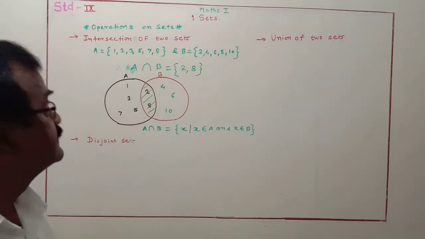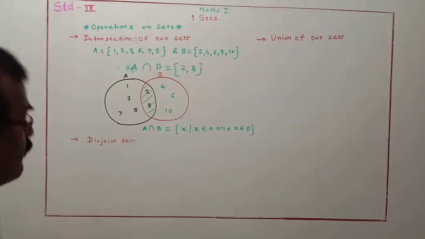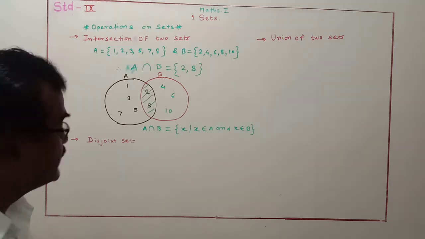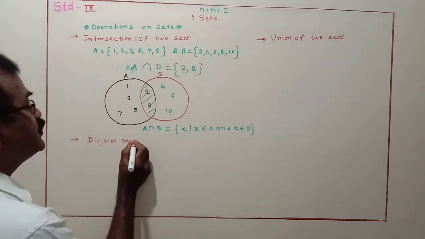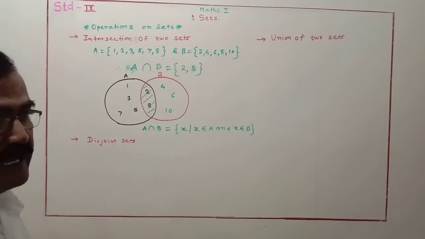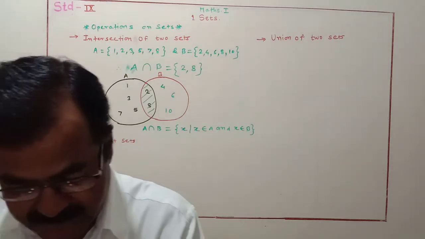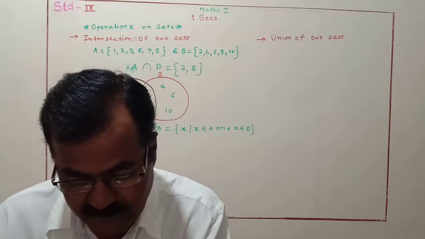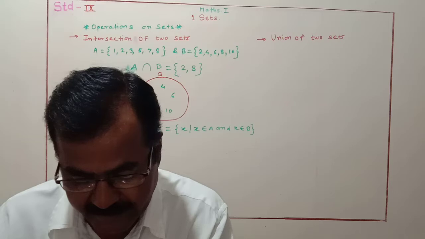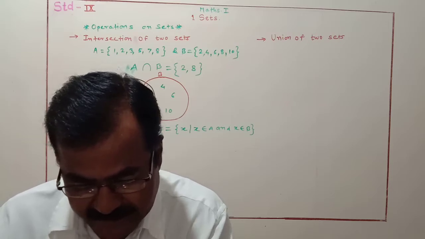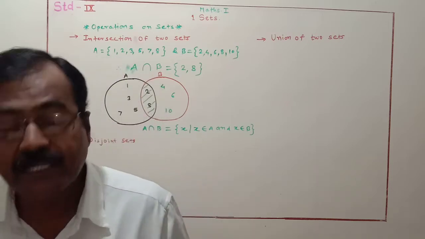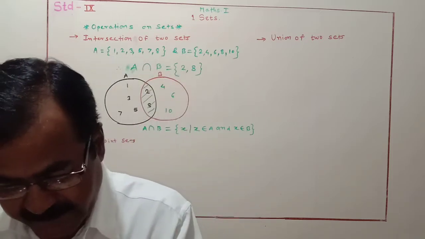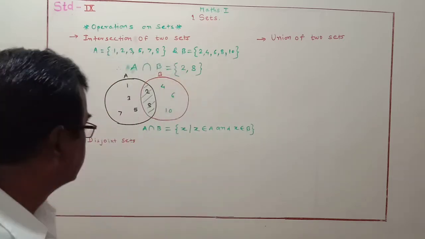In the second operation, we study disjoint sets. In disjoint sets, there are two separate sets and there is no common element in these two sets. Therefore, these two sets are called disjoint sets. These sets are completely different from each other. Therefore, set A and set B are disjoint sets.